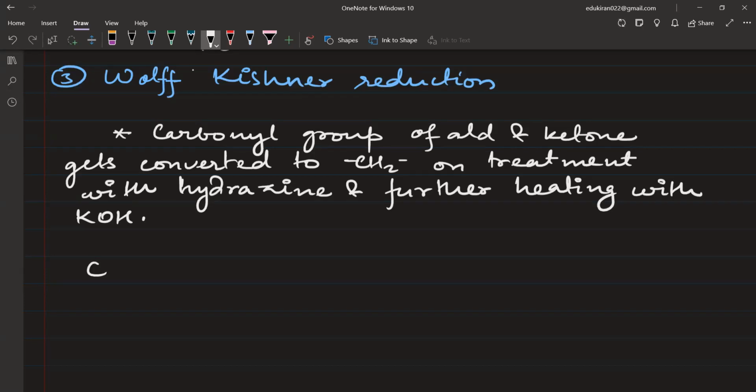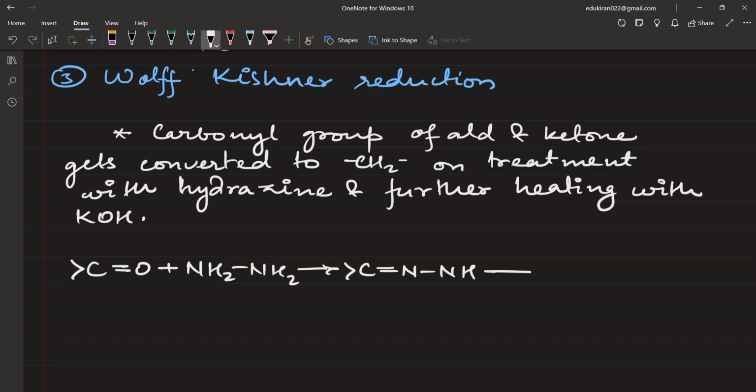Okay, so if you have C double bond O plus hydrazine, that is NH2NH2, you know that you will get double bond N, single bond NH. After that, with KOH and heat, you are going to get CH2.